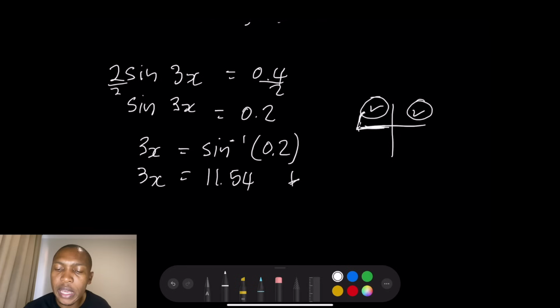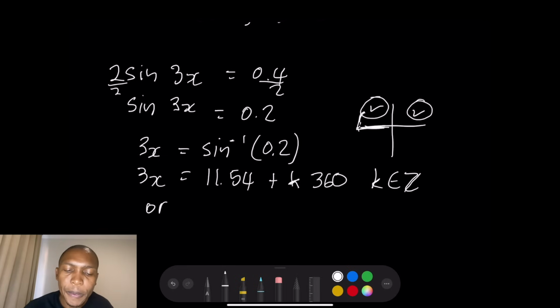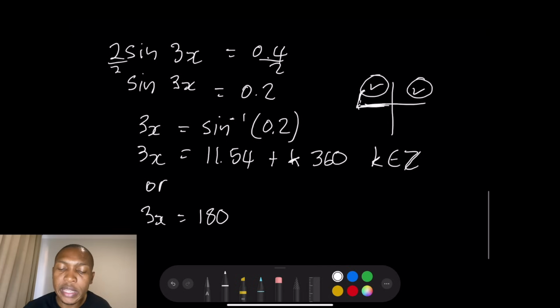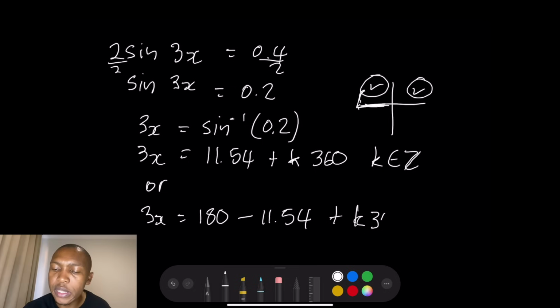So this is plus k 360, where k is an element of integers, but also or 3x is equal to, that's the next solution, in the second quadrant, 180 minus 11.54 plus k 360, where k is an element of integers.